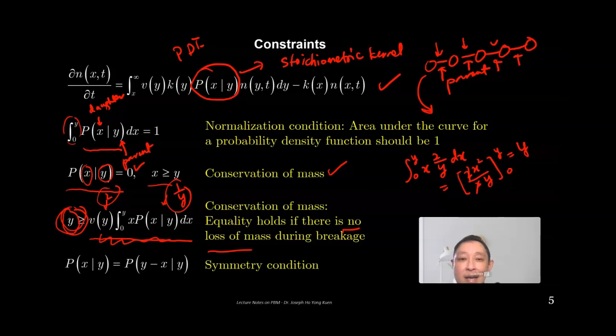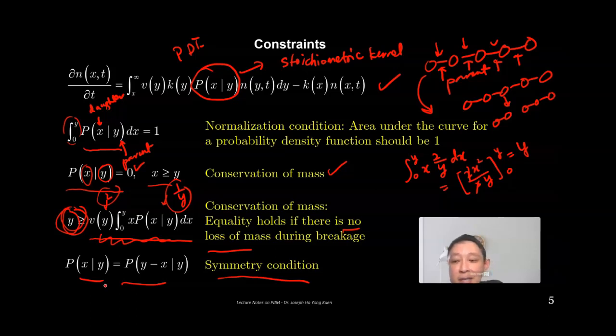Now the last one has to do with what we call a symmetry condition for the probability density function. What this simply means is, let's use the polymer example again, if we have a polymer with a chain length of 5, and let's say it breaks into a dimer and a trimer, because 5 you can break into 3 plus 2.